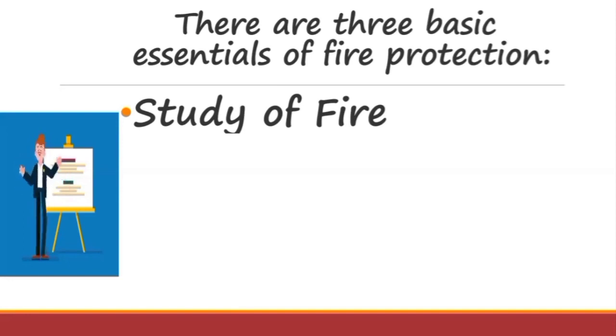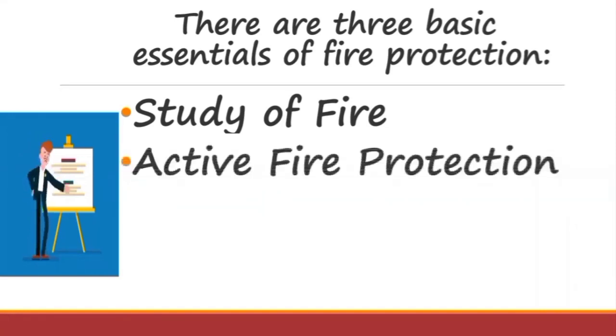And what else does the study of fire include? That is the rules and regulations related to building construction, which are already stipulated under the Fire Code of the Philippines and the Building Code of the Philippines.